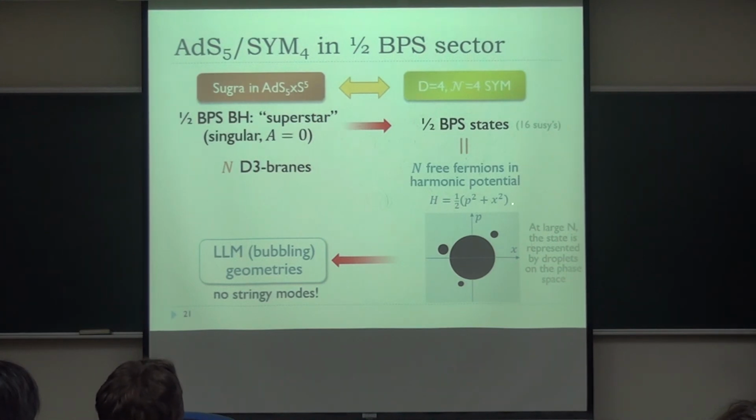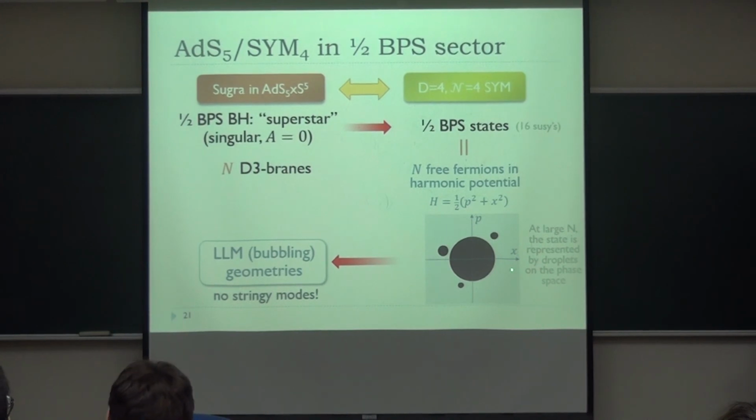And if you have just one particle, then it's going to just rotate like this. But if you have many, many particles, because these are fermions, you cannot occupy the same state. So at large N, the state must be represented by droplets on this phase space. So in this black droplet, you have all the states filled, and here you have nothing, and in these droplets you have fermions as well.